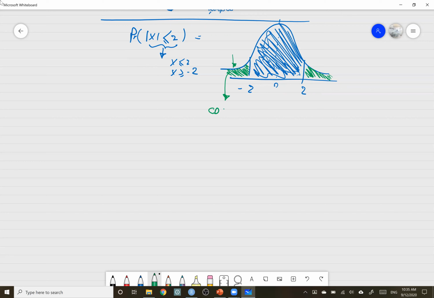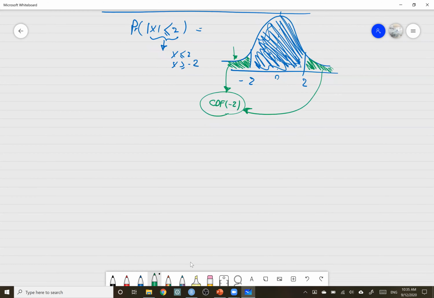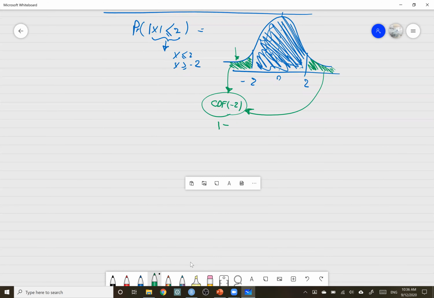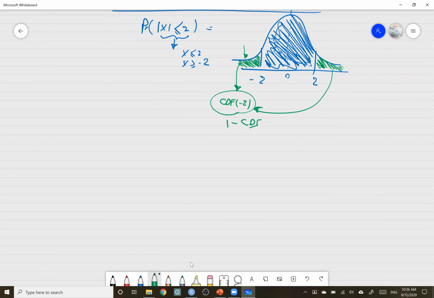This is the easiest one, CDF of -2. Because it is symmetric, this is also equal to CDF of -2. And CDF of -2 itself is equal to 1 minus CDF of 2.